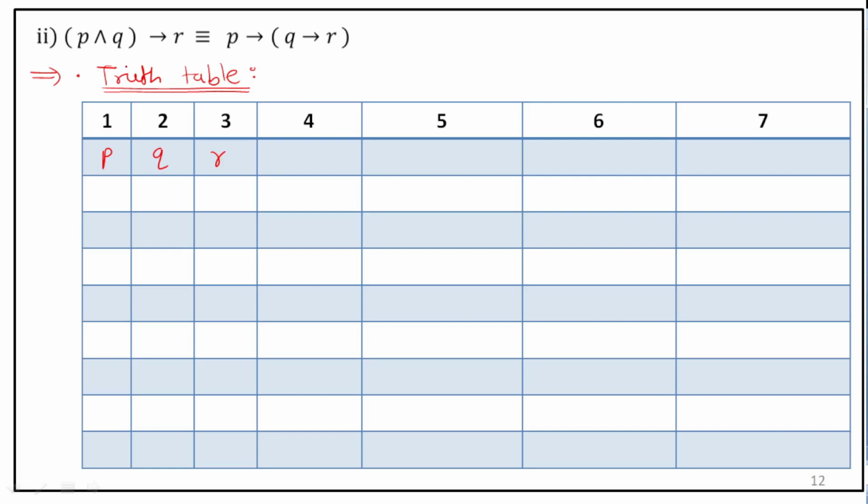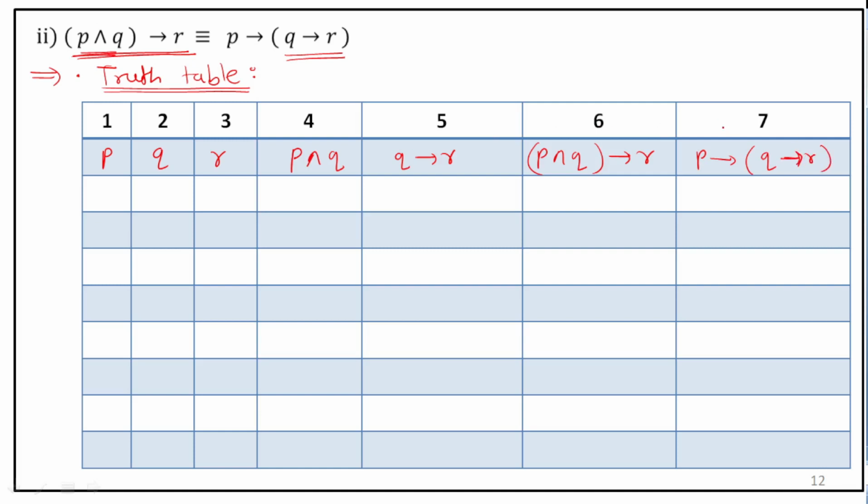Then first of all, find P and Q. Then after that, find Q implies R. Then after that, find P and Q implies R. And the last one, P implies Q implies R.